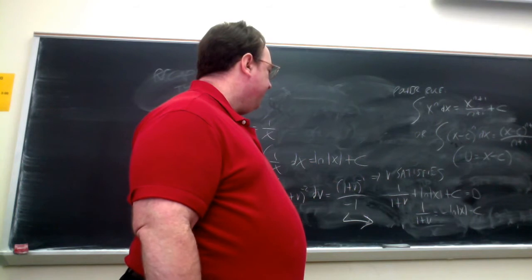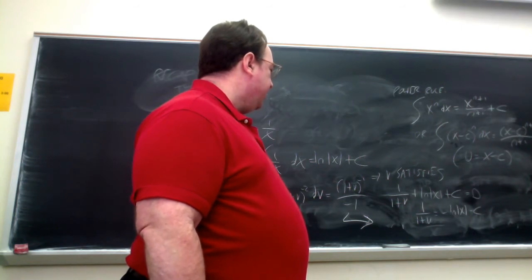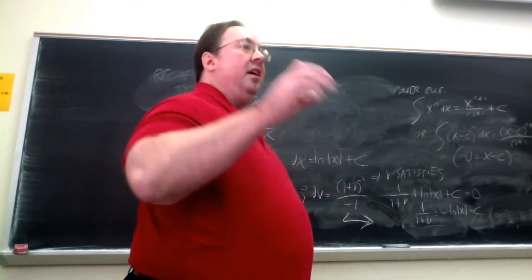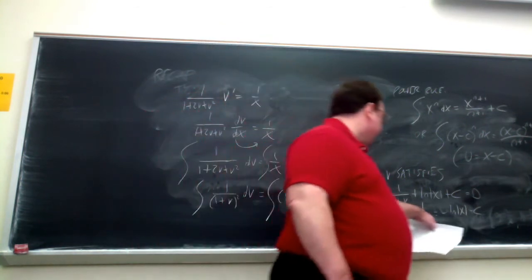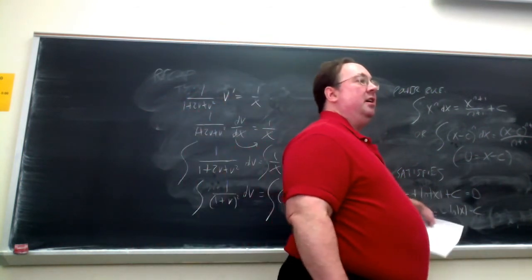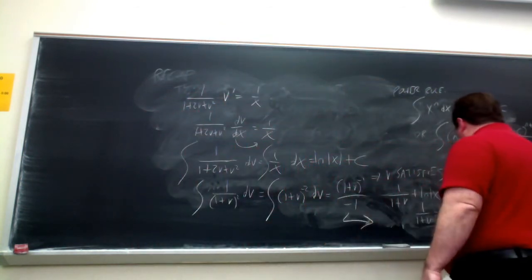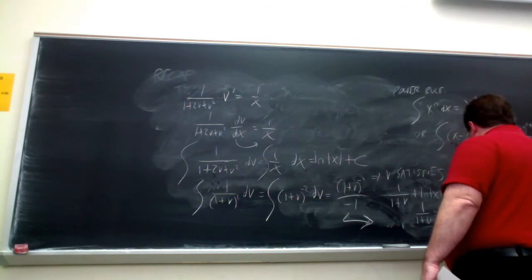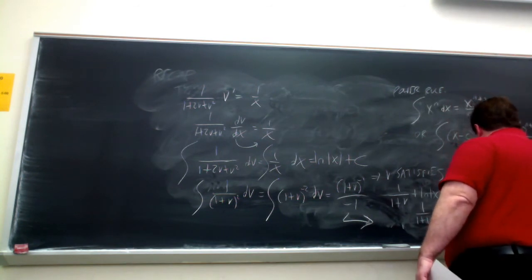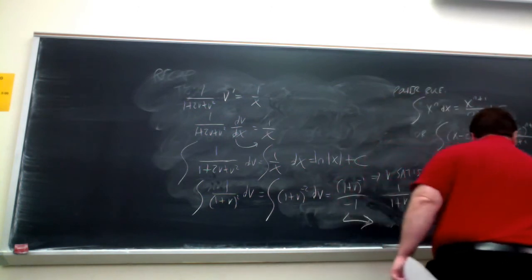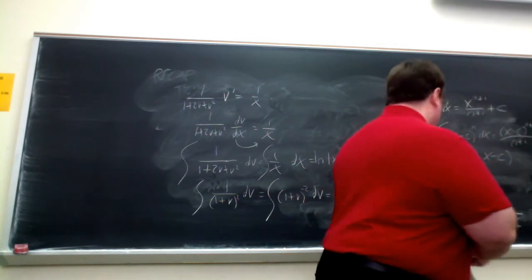No, what we need to do at this point is, because we have v in the denominator, we need to flip. Yes. Okay, so flip both sides, we get 1 plus v. Sorry, that's messy.